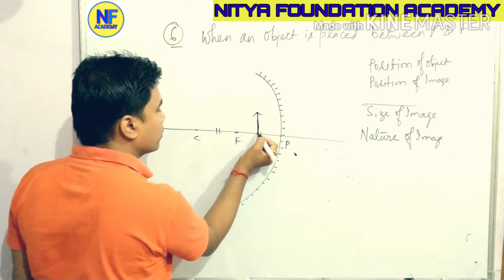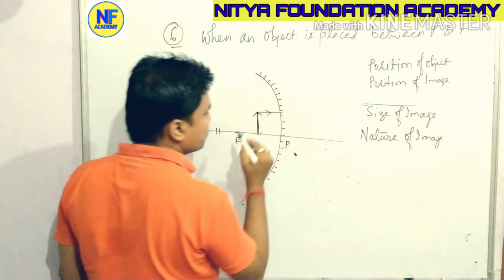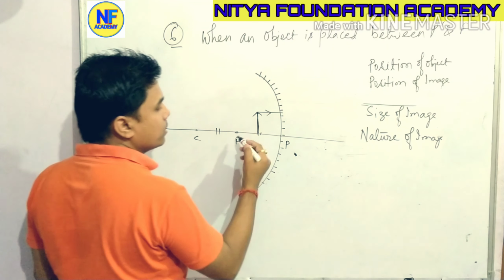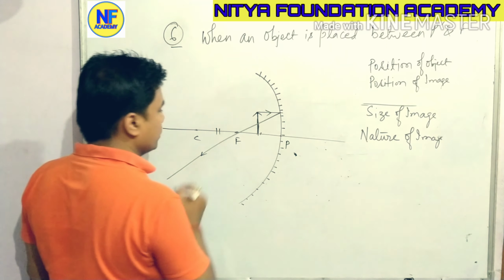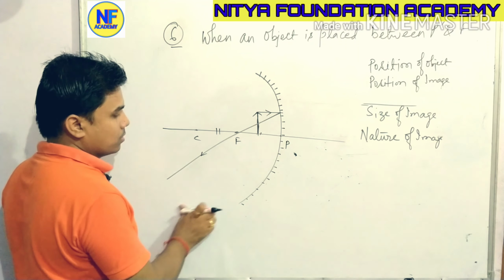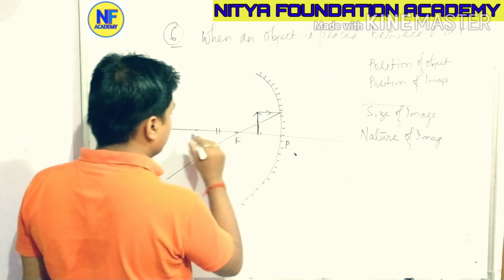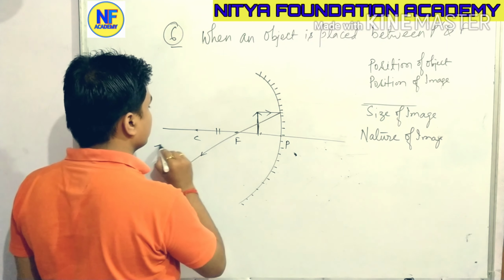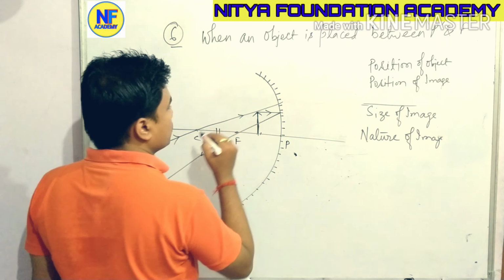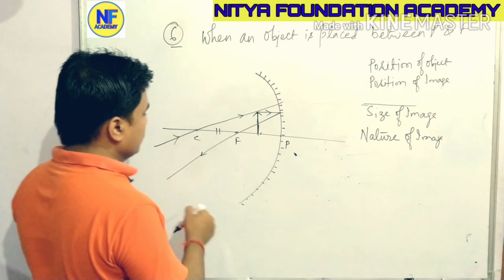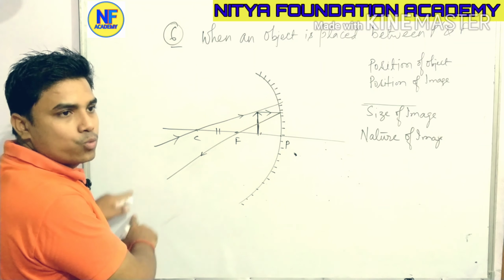So first of all, the ray which is parallel to the principal axis, after reflection it moves through focus. And the another ray which we will draw will be from center of curvature. So you can see here that these both rays cannot meet at this point.